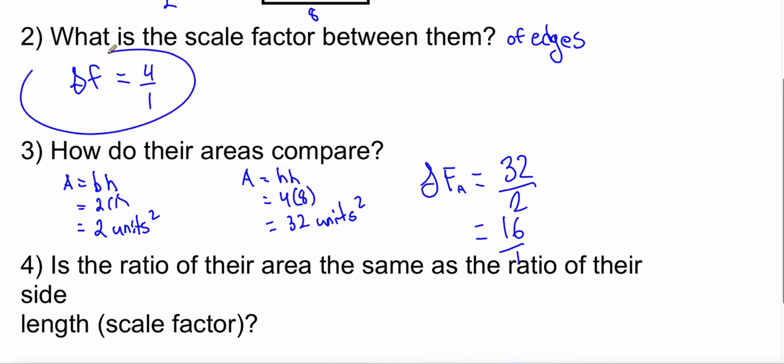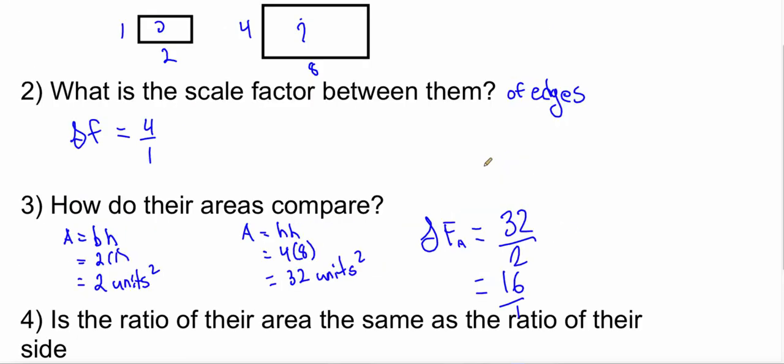So when I look at my scale factor of my area, 16 over 1, compared to my scale factor of my edges, I have quite a difference. So what we must do if we're trying to find the scale factor of an area is square the scale factor of the edge. Now, why is that, you might ask? Well, if I look at it here, we are applying the scale factor for my image twice. We're multiplying this one by 4, and we're multiplying this one by 4.